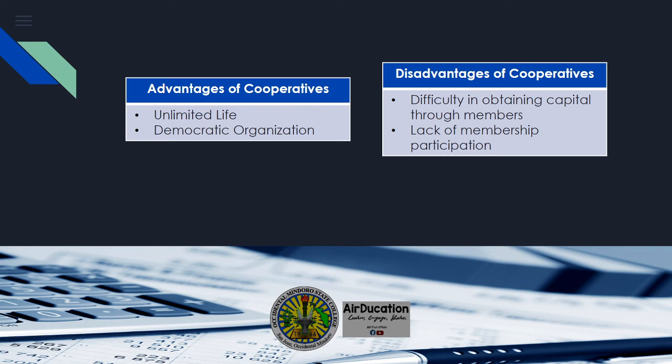For example, you are obliged to contribute 100 pesos every month, so every member should do that. And sometimes it has the disadvantage of members not cooperating or not participating in the business, just because maybe some of them just want to contribute financially.